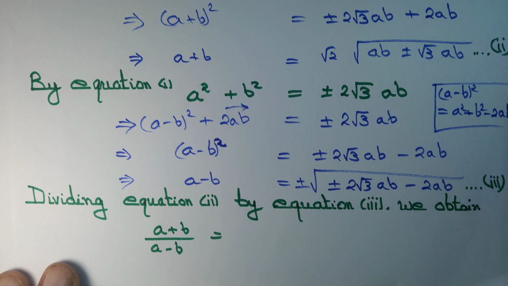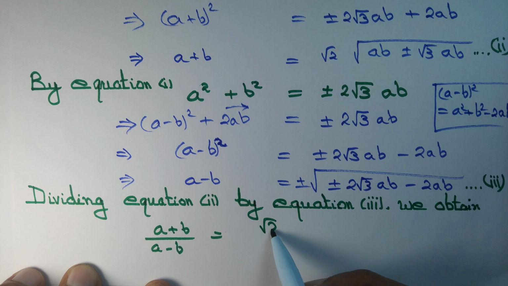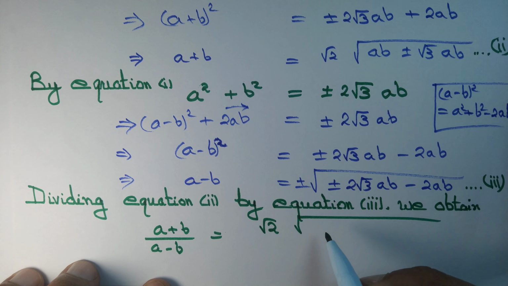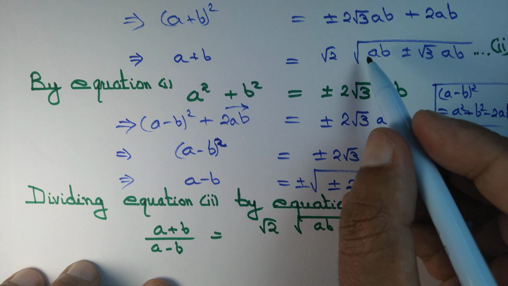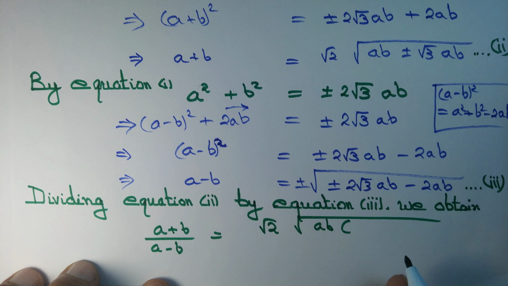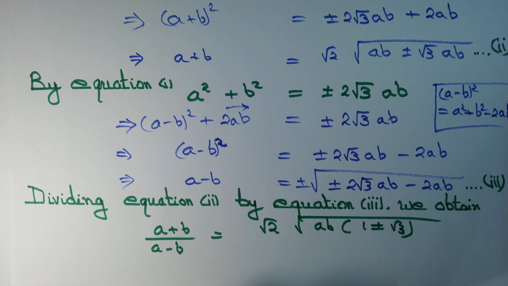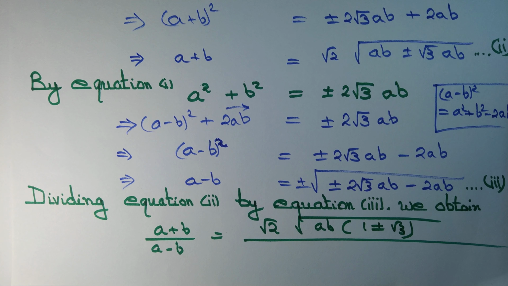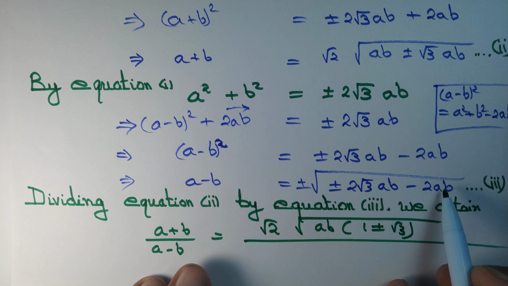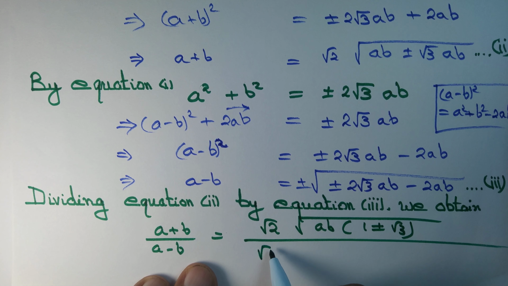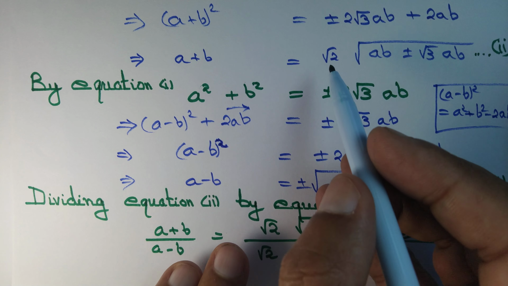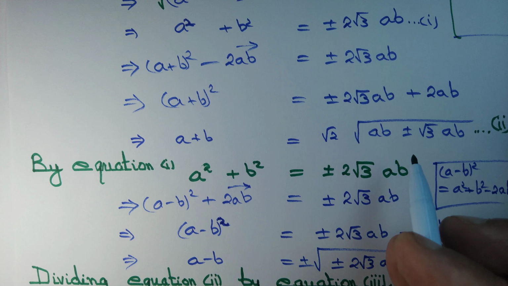What about the right hand side? Root 2 times square root of AB, we can take AB common, but inside the square root, 1 plus minus root 3. What about the denominator? In the denominator also we can take root 2 out of the square root. Oh, plus minus, I forgot plus minus here, right?